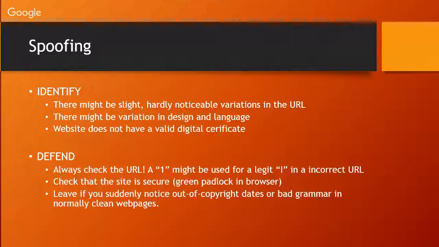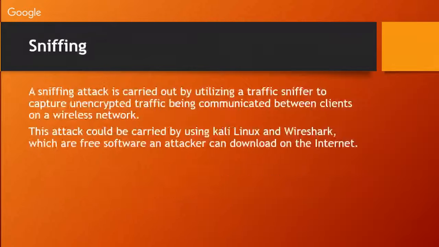Defend: always check the URL. Check that the site is secure by the green padlock in the browser. Leave if you suddenly notice a lack of copyright, date, and bad grammar in a normally clean web page.